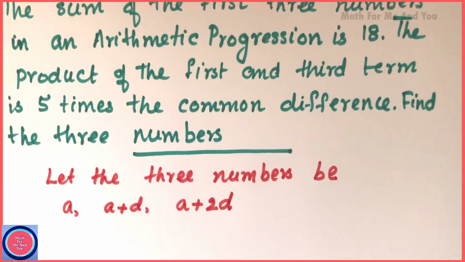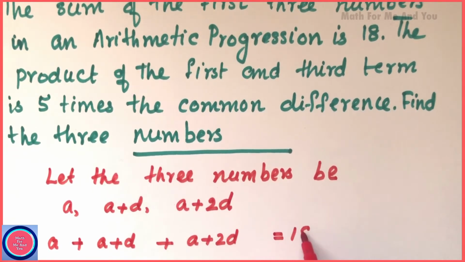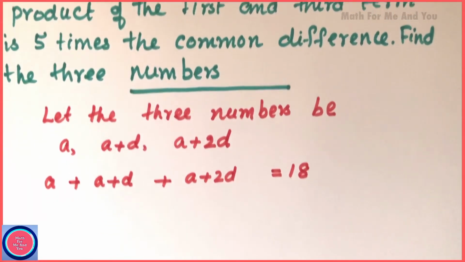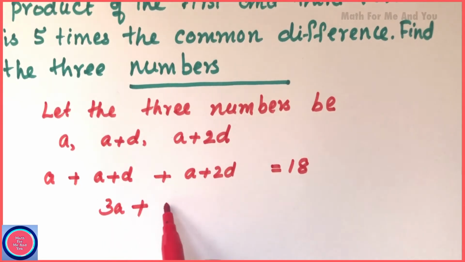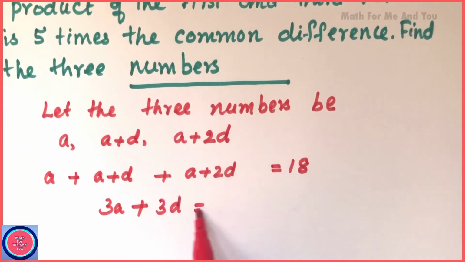Now it is given in the first sentence, sum of the three terms is 18. We could take the sum a plus a plus d plus a plus 2d. This is that sum or total equals 18. Simplify the left side. a plus a plus a, how many a? 3a. d plus 2d, it is 3d equals 18.